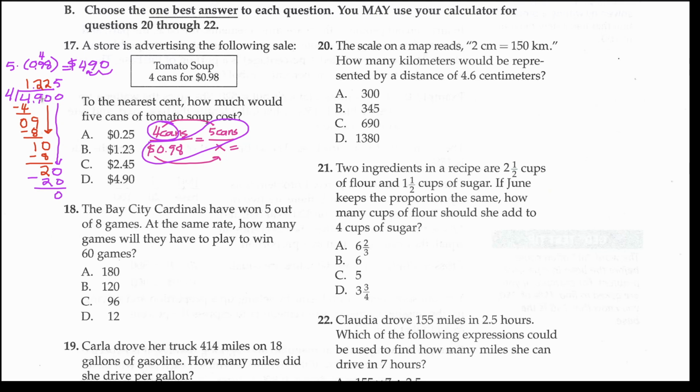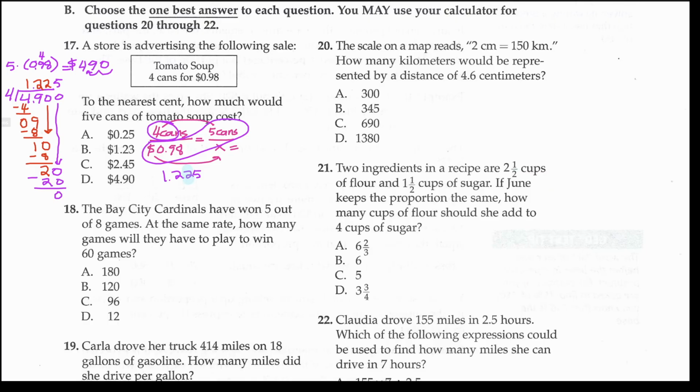So now I have 1.225. In money, we cannot have 3 digits after the decimal. So we do know that we have to do rounding. Okay, in money, the penny is this 2 here.